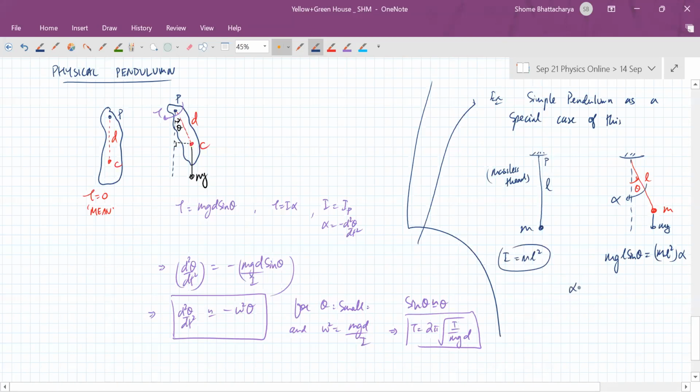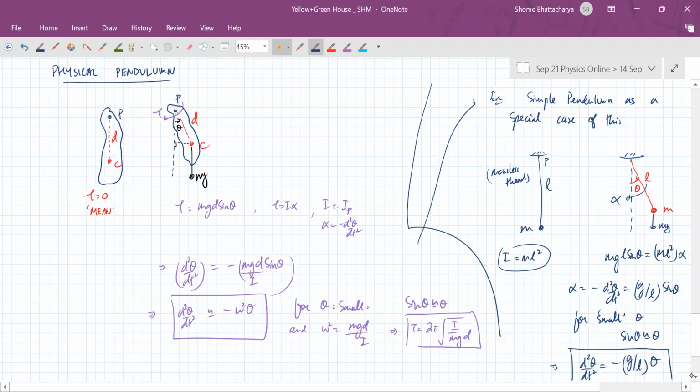So we have the formula that alpha, which is minus d2 theta by dt square, is g by L sine theta. So for small theta, this is our angular harmonic motion.